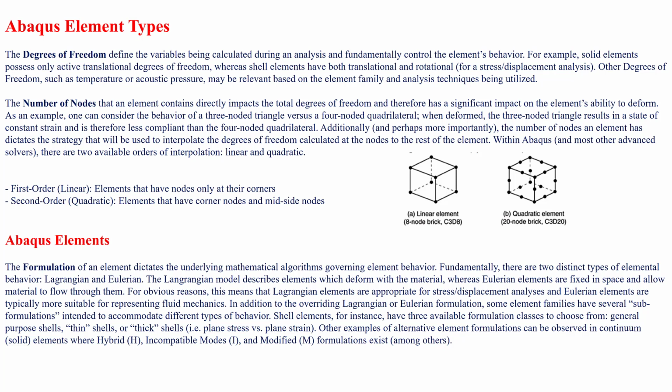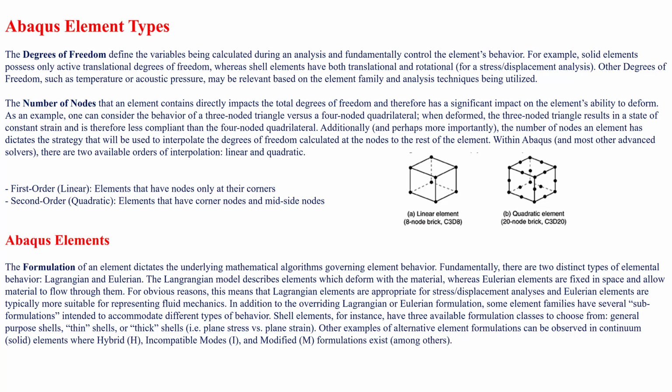For example, solid elements possess only active translation degrees of freedom. The shell elements have translation as well as rotational degrees of freedom. Very important: for stress and displacement analysis, we consider these two. For temperature distribution and acoustic pressure and so on, we're gonna have different element types that we'll discuss later on.